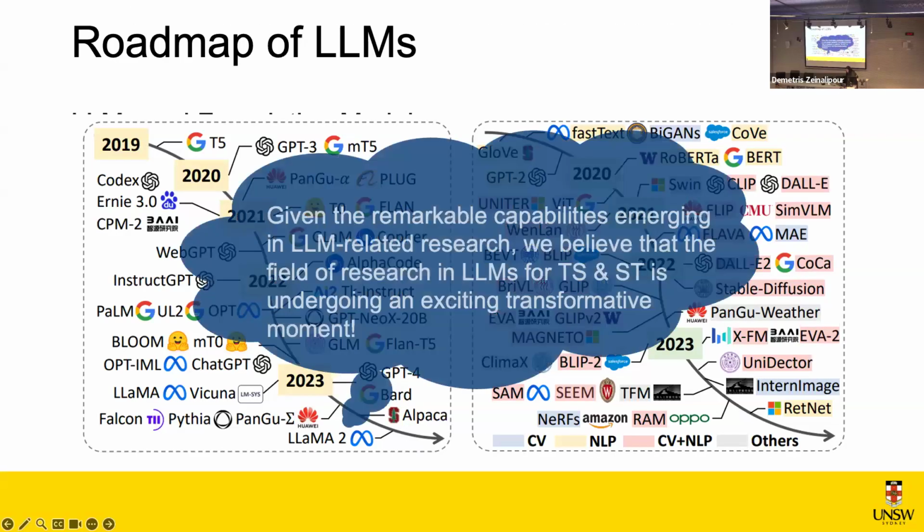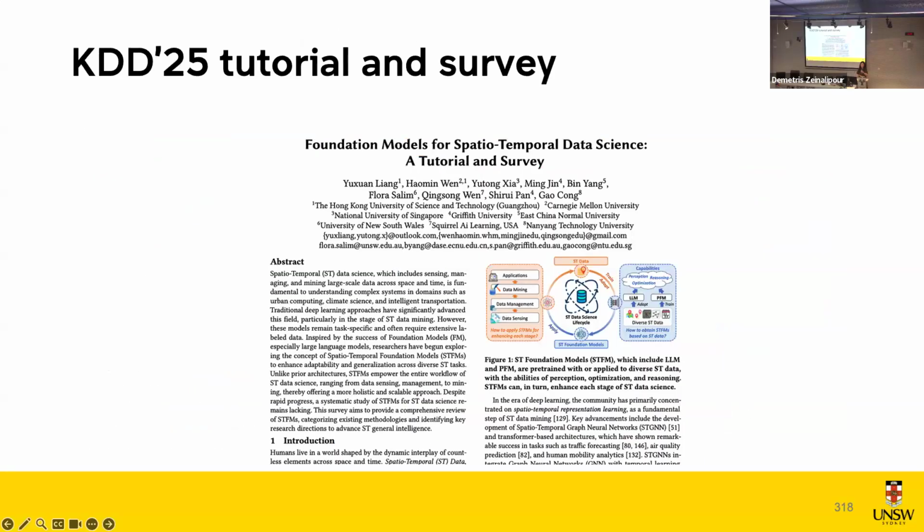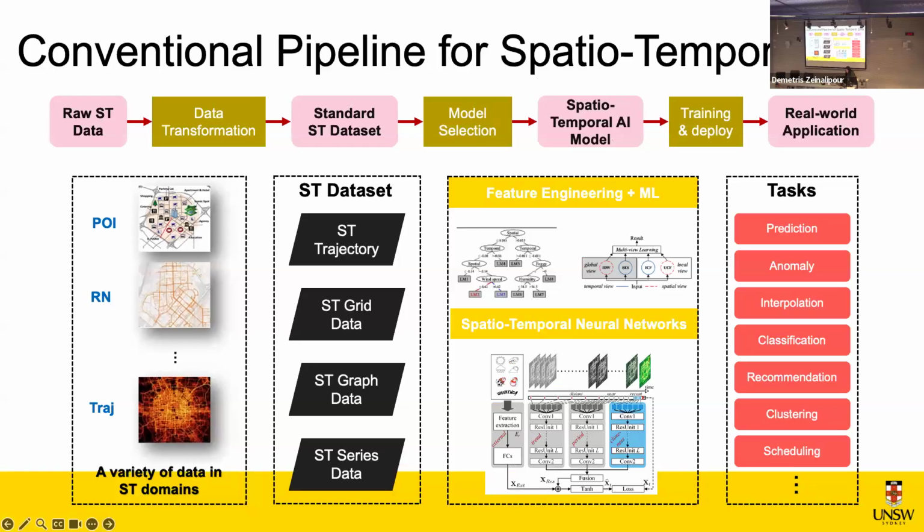There's already a lot of work on LLMs, but what about LLMs for time series and spatial temporal data? We actually have a tutorial at this year's KDD, Foundation Models for Spatial Temporal Data Science. Take a look at the survey. Conventionally, you have these different data sets, feature engineering, or neural networks like we discussed before with transformer plus graph and all that.